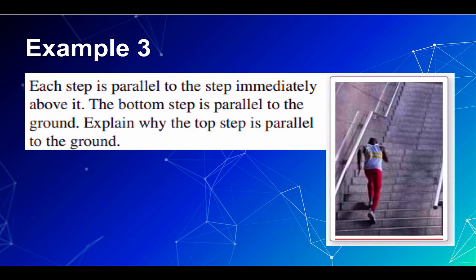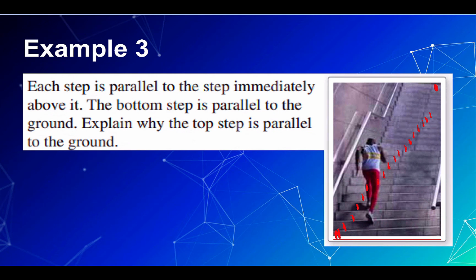If the bottom step is parallel to the ground and each step immediately above it is parallel to that step, we know that the steps are parallel to each other all the way up to the top. And if they're parallel to each other, then we know that the step at the top is parallel to all the other steps, including the one at the bottom. And if it's parallel to the one at the bottom, then it's also parallel to the ground.